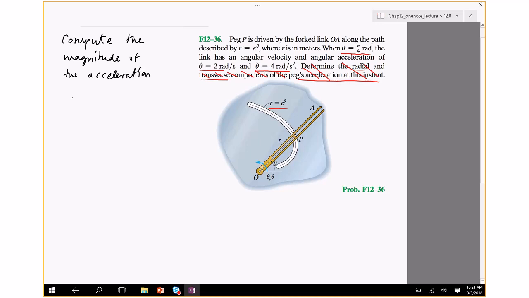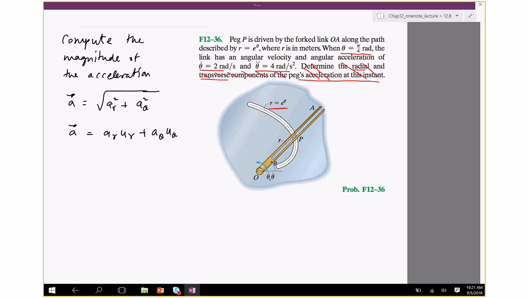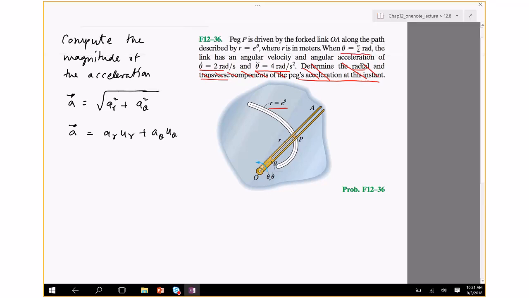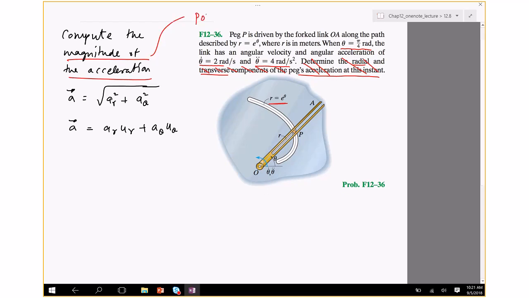Okay, so try to find a equals the square root of a r squared plus a theta squared, where a equals a r u r plus a theta u theta. So from the information, find the magnitude, not the radial and transverse components, and then poll that answer. Yes, poll the magnitude.